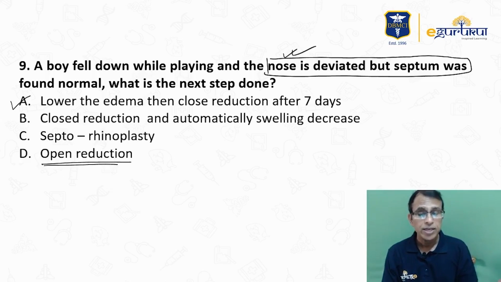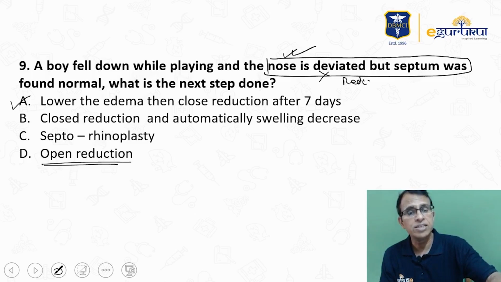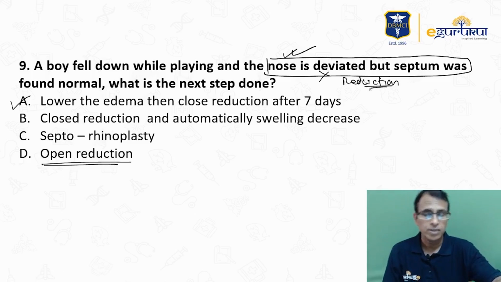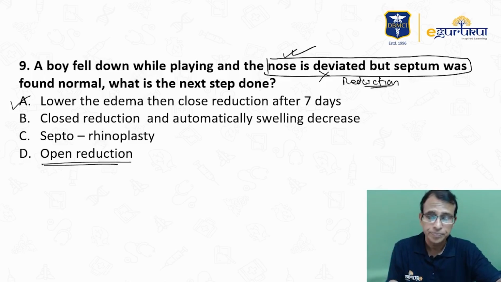And that's why if there is a fracture of the nose, deviation of the nose, then you have to do reduction. That means fixation. Reduction means fixation of that fracture, right? Now the problem with fracture is, or deviation is, that the moment there is a fracture, it gets edematous. There is edema around it.